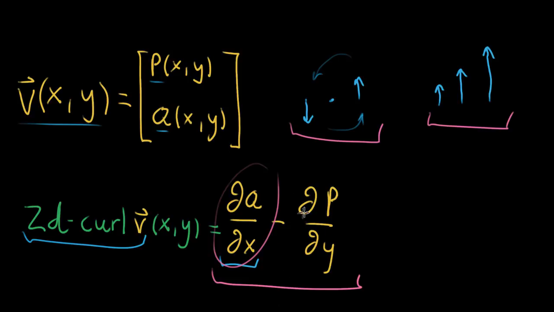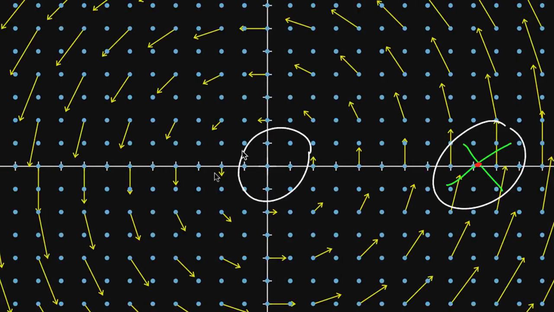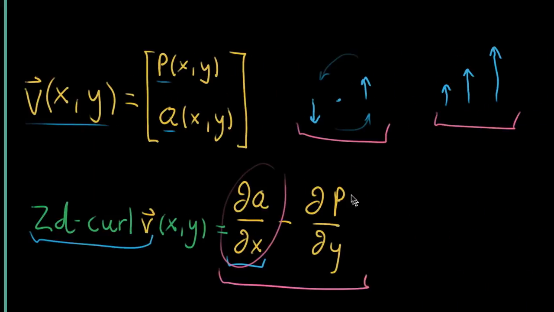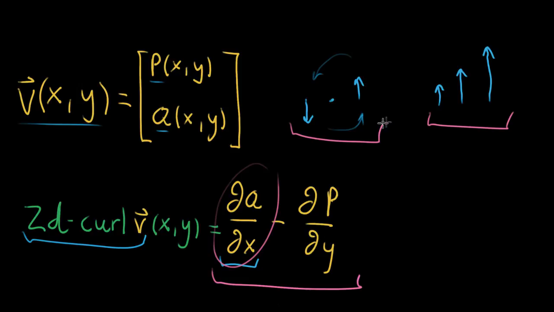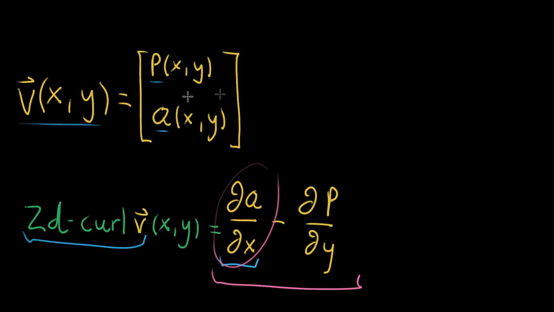So let me go ahead and walk through this example in terms of the formula representing the vector field. It's a relatively straightforward formula, actually. For p and q, that x component p is going to be negative y, and the y component q is equal to x.